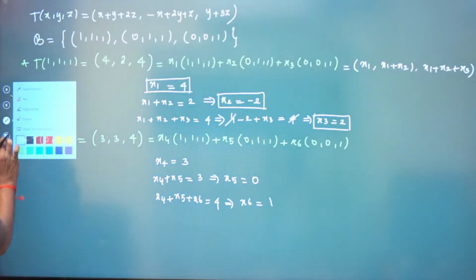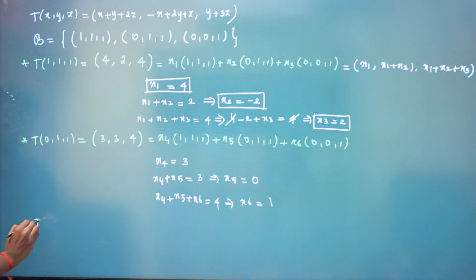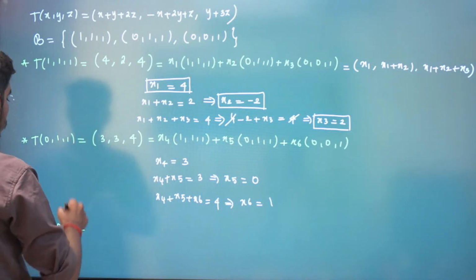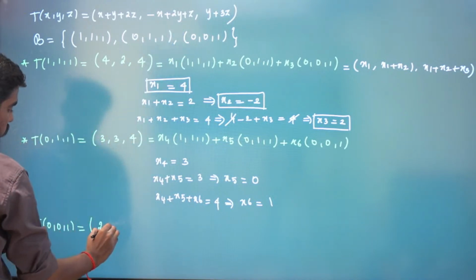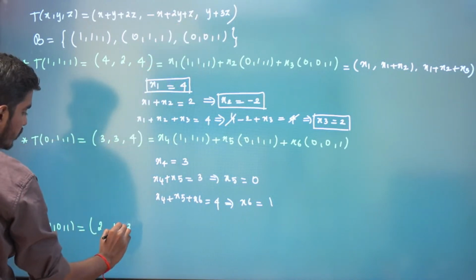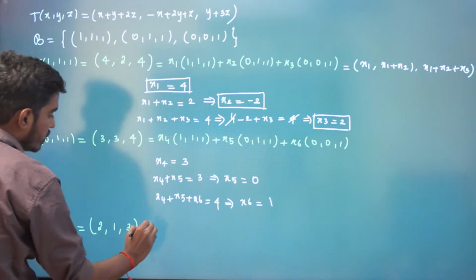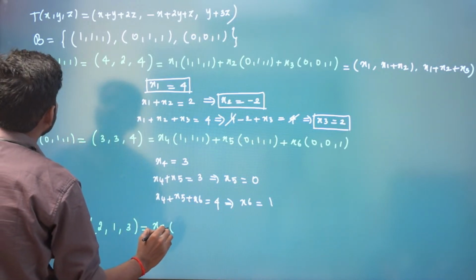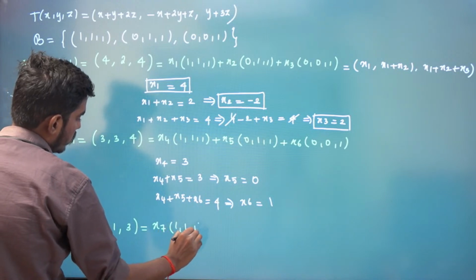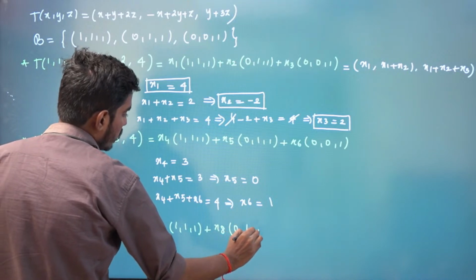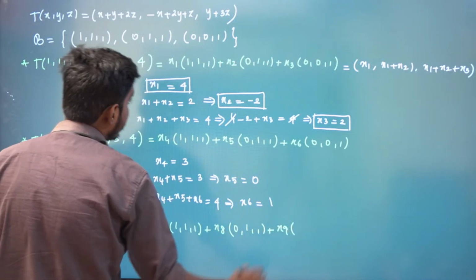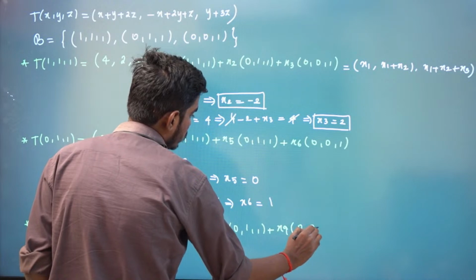And similarly, we will find the matrix of T. We will find the image for T of 0, 0, 1. x is 0, y is 0, z is 1. So 2, and it is 1 here, and it is 3 here. Now you have to express this as a linear combination of basis vectors, which is 1, 1, 1 plus x8 times 0, 1, 1 plus x9 times 0, 0, 1.